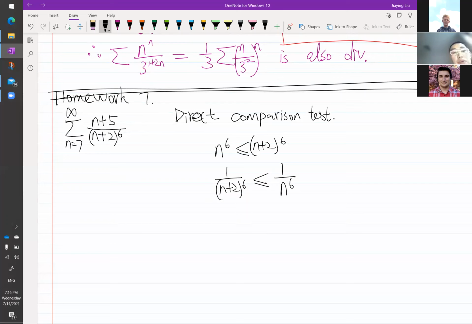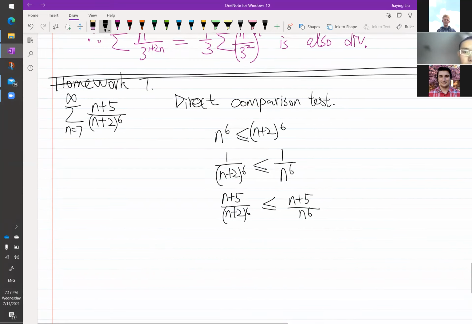And if I have the same numerator, n plus 5, over (n plus 2) to the 6th, that's going to be less than or equal to (n plus 5) over n to the 6th. So that's a direct comparison, right? If I make the denominator smaller by dropping the positive 2, the value gets bigger.